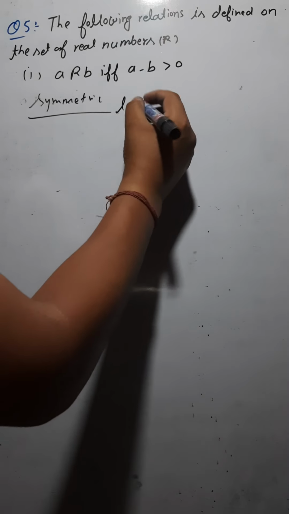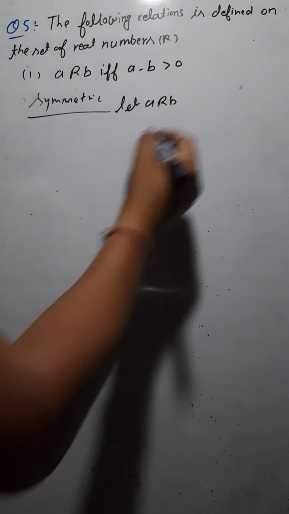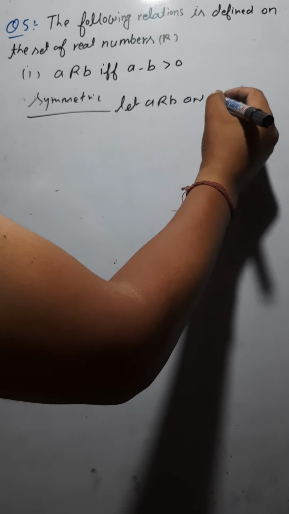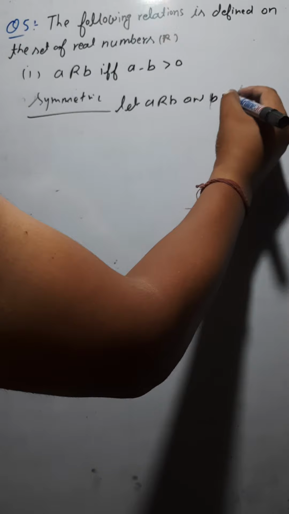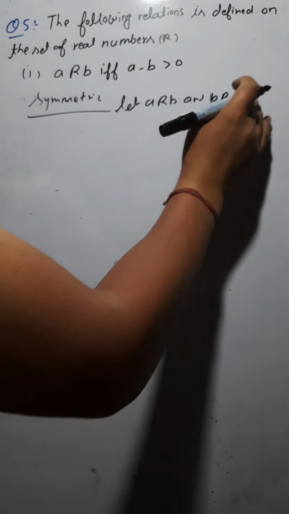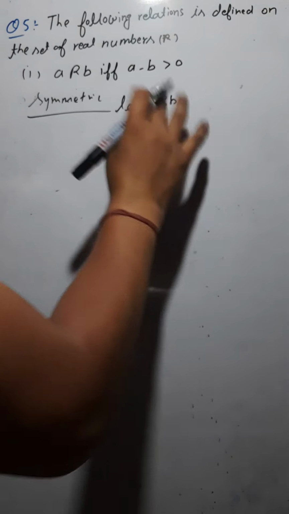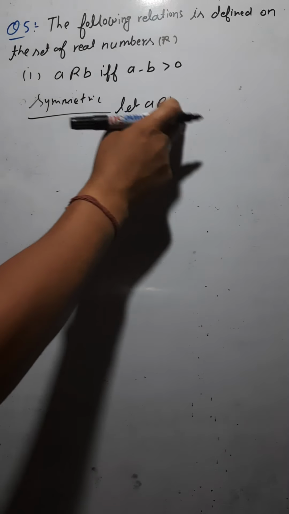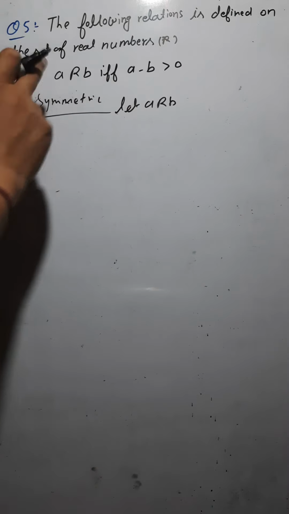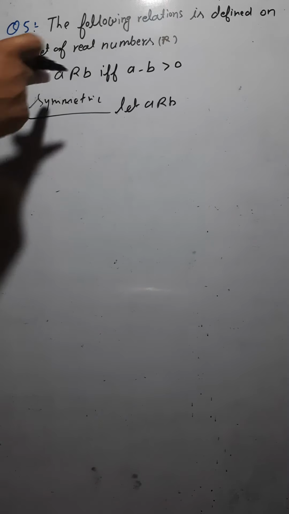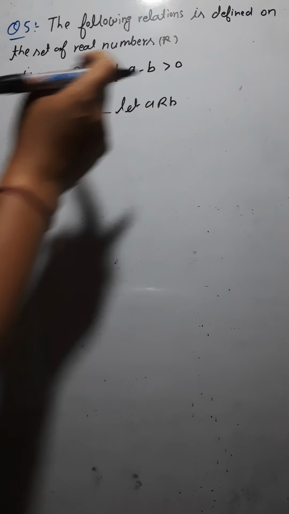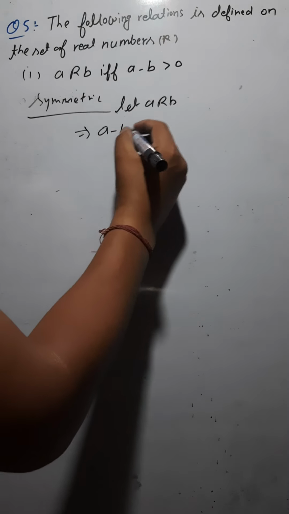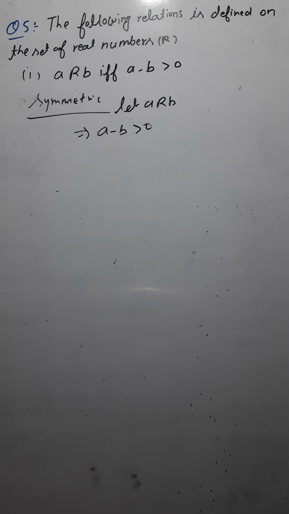Let A be related to B, and one more element B, sorry, and B is also related to A. Only this much let me write: let A be related to B. Now if A is related to B, this relation is there in this relation. So there is a relation between the two elements. It implies it should follow this condition: A minus B is greater than 0, isn't it?